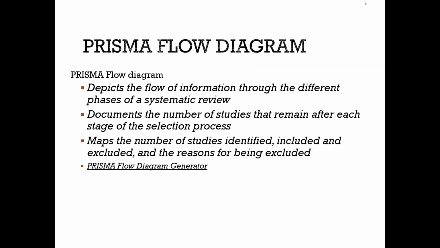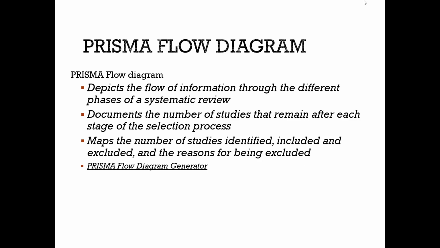How your studies have flowed, from the ample papers to the 10 papers you have taken for the systematic review, or the 4 papers that came into a systematic review. It depicts the flow of information through the different phases of a systematic review.